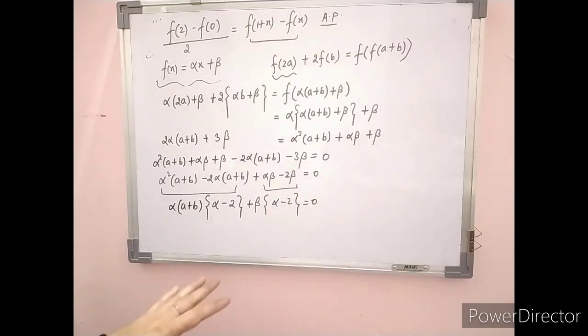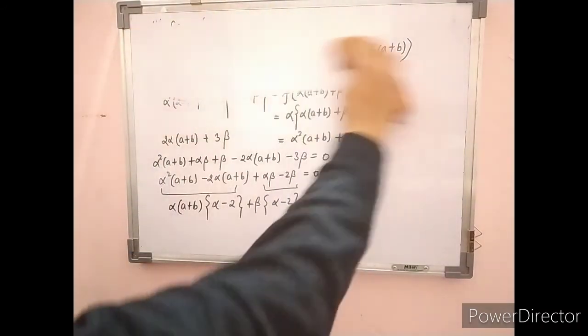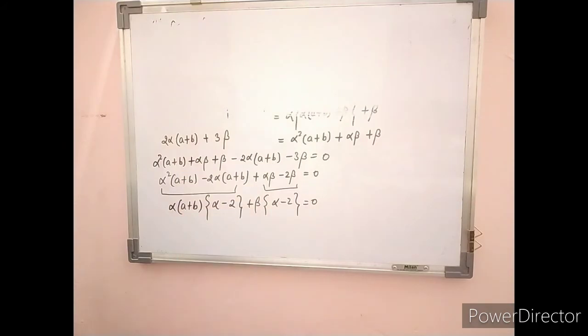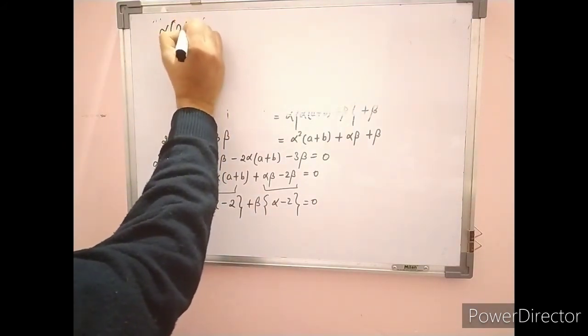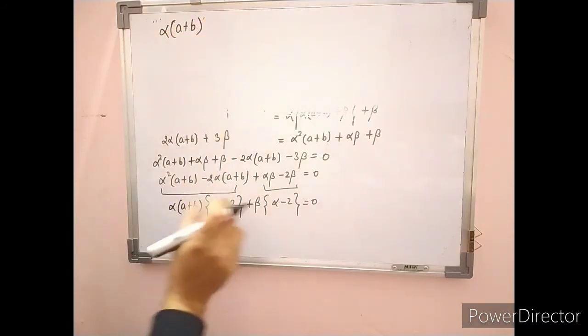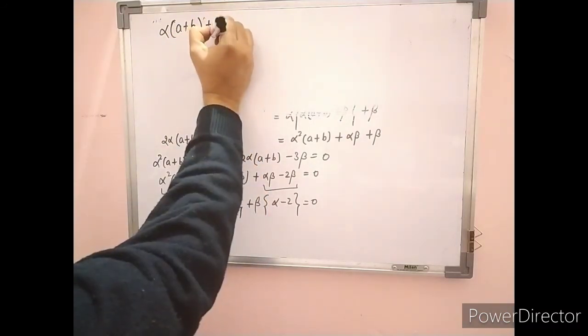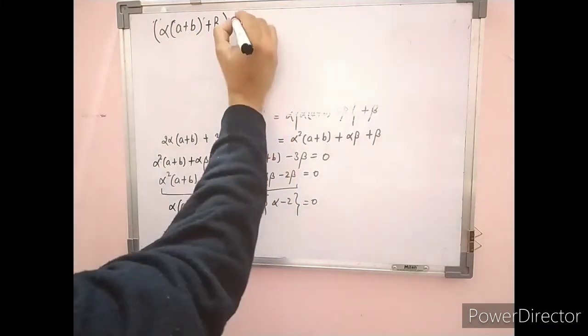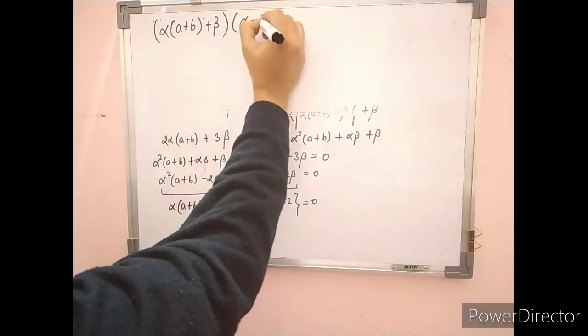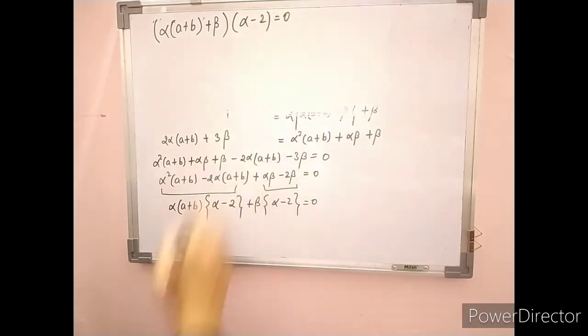So from here we can write it like this: alpha (a plus b) plus beta, and the second factor would be alpha minus 2 is equal to 0.